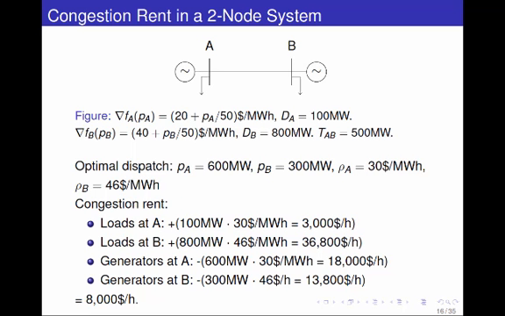There was a line connecting these two areas that had a capacity of 500 megawatts. And what we observed is that cheap generators shipped as much power as they could to the expensive area, to the point that they used up the whole line, and we got the prices for each location.